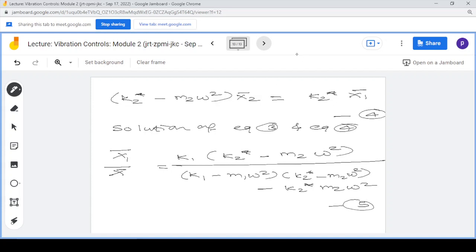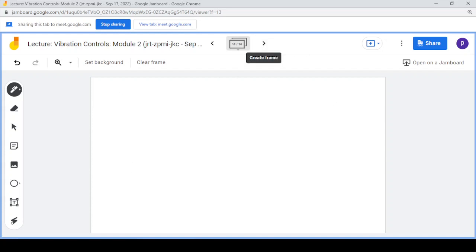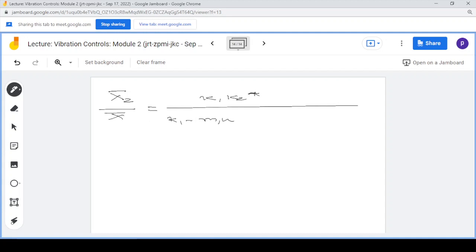Then in the same way we can also get it for x2 bar by x bar as k1 into k2 star divided by k1 minus m1 omega square into k2 star minus m2 omega square minus k2 star into m2 omega square.